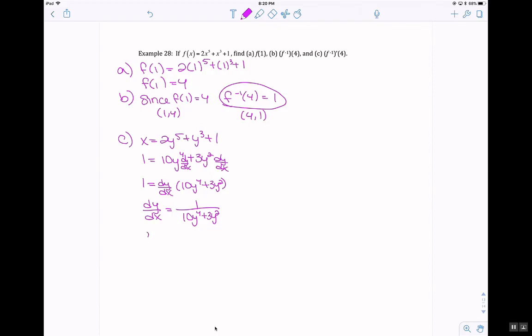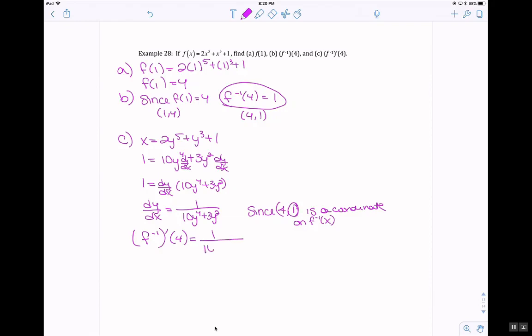I want the f inverse derivative at 4. Since (4, 1) is a coordinate on f inverse of x, then when I want f inverse derivative at 4, I'm plugging this y value in.